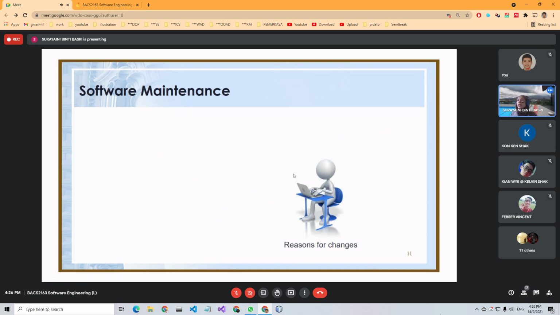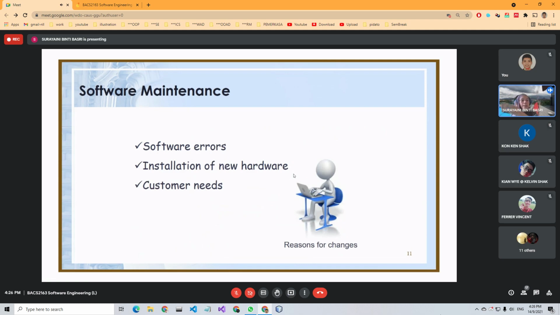After we have done all of the software development stages up until testing, the last part is software maintenance, meaning we already gave it to the client, and when the client needs to change something even though the system is already on their site, that process is under software maintenance.